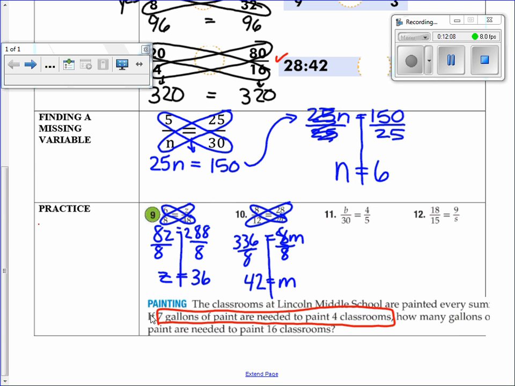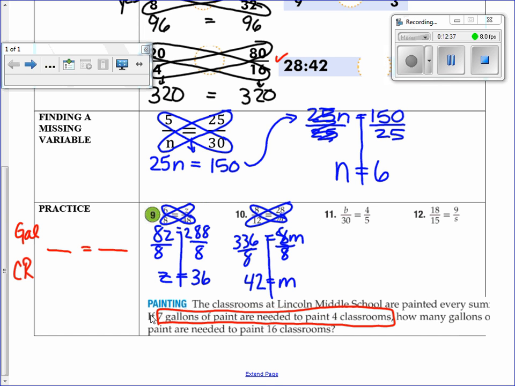So I have 7, and I'm going to put gallons over 4 classrooms. As a matter of fact, I'm going to do it like this. I have two things going on here, gallons and classrooms. So I have gallons and I have classrooms. I'm just going to label it as a CR. When I'm setting up a proportion, I know I'm going to have a line, equal sign, line.